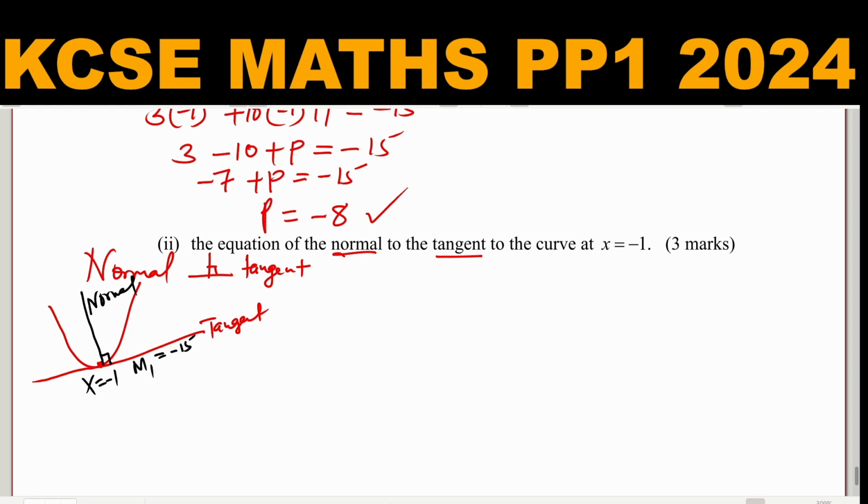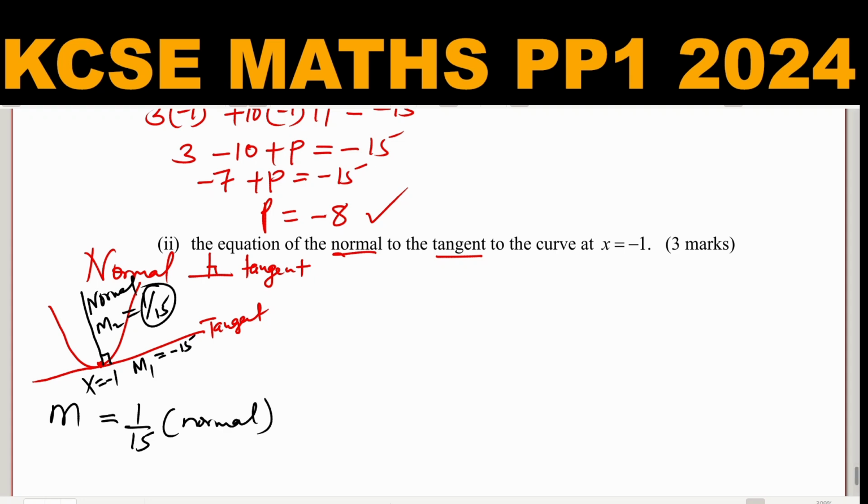So the normal, m2, will be 1/15. So the gradient of the normal is 1/15.